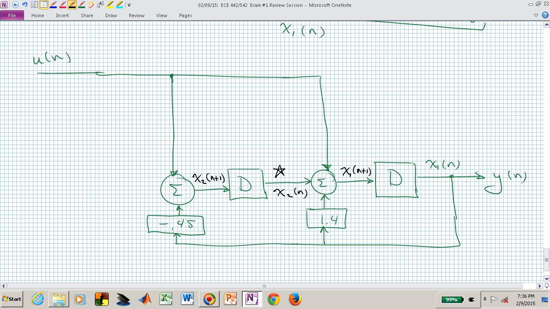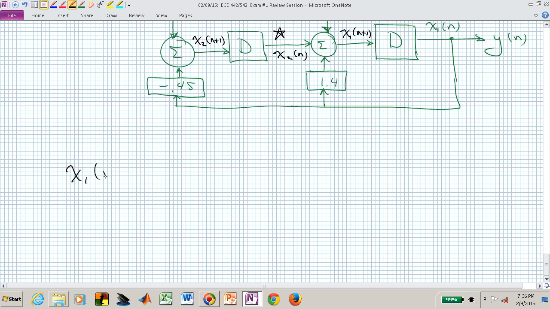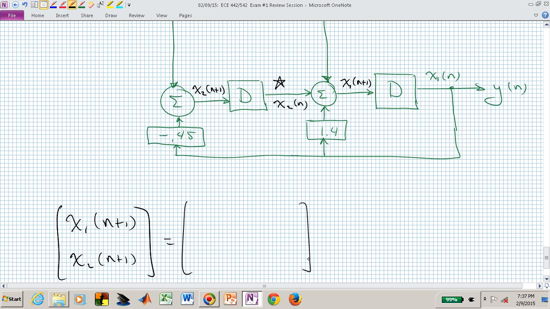I can now write down that x sub 1 of n plus 1 and x sub 2 of n plus 1, those are my vector on the left of my equality. I now need to say that's some linear combination of states plus some linear combination of the input.